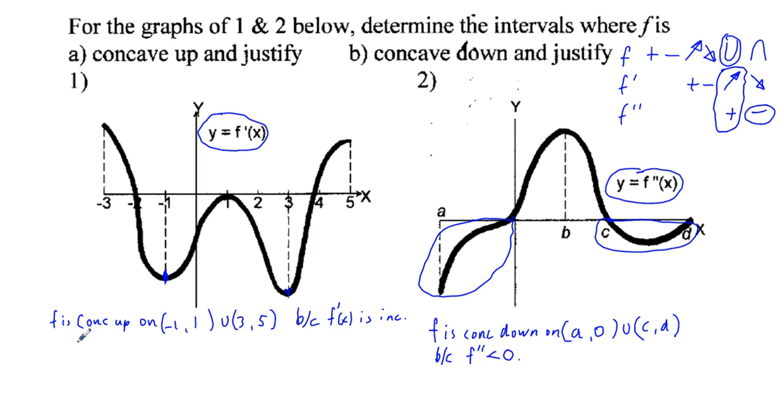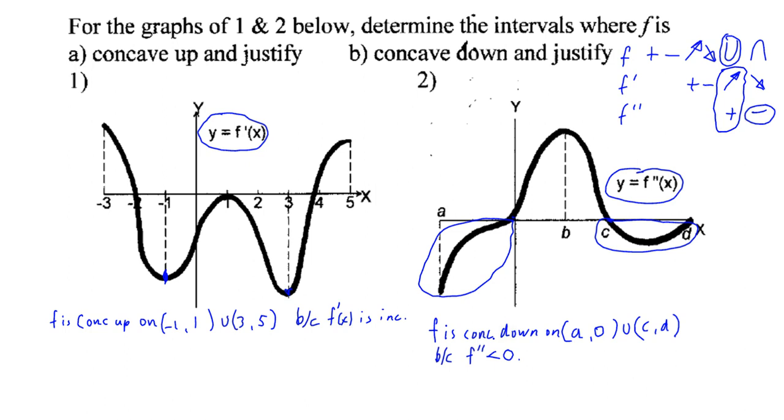Now see, we're using different things between problem number 1 and problem 2 to make our justification about concavity. So we're just looking at different dimensions of analysis, is one way of saying that.